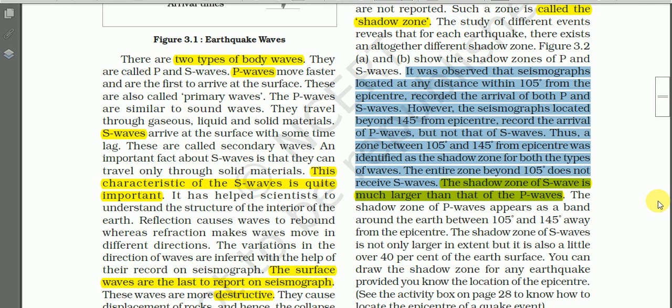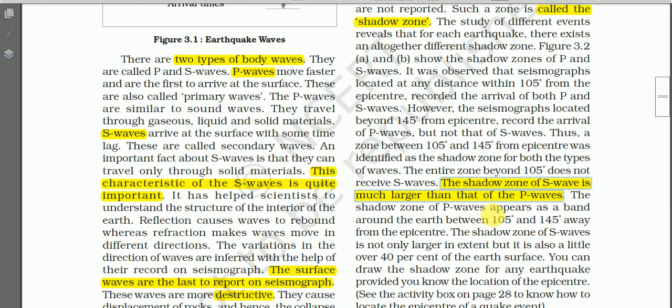However, the seismographs located beyond 145 degrees from the epicenter record the arrival of P waves, but not that of S waves, and thus a zone between 105 degrees and 145 degrees from the epicenter was identified as the shadow zone for both types of waves, and the entire zone beyond 105 degrees does not receive S waves, and the shadow zone of S wave is much larger than that of P waves.